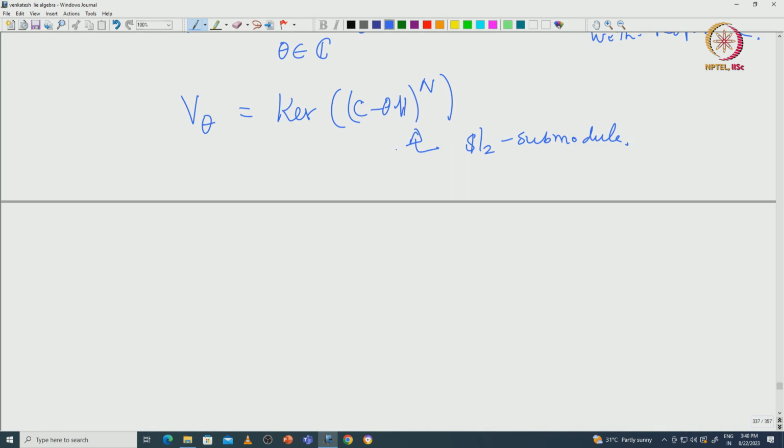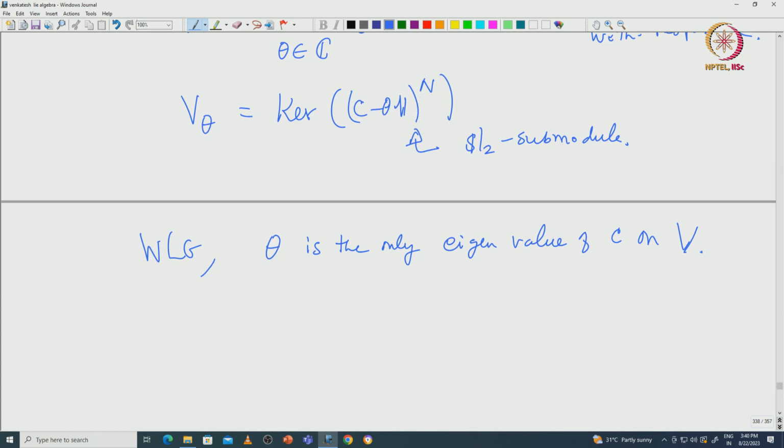So, there is no other eigenvalue. We can assume without loss of generality that theta is the only eigenvalue of C on this capital V, by looking at the primary decomposition. Now in this case, if we decompose V into a direct sum of irreducible representations, then we are done.